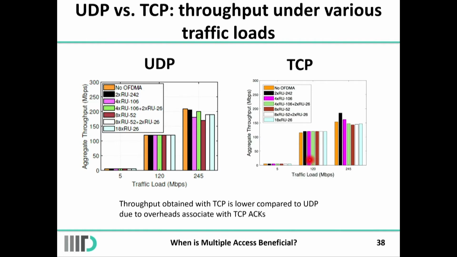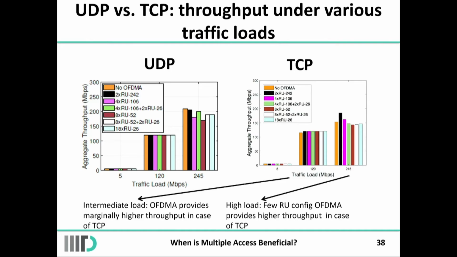But very interestingly, in high traffic load, there is one RU configuration, the 2 cross RU configuration, which turns out to be the clear winner in terms of throughput. For some reason that we did not observe in UDP, we are observing in TCP that one particular configuration of OFDMA is providing higher throughput. So then we again looked at what the reason for this is.